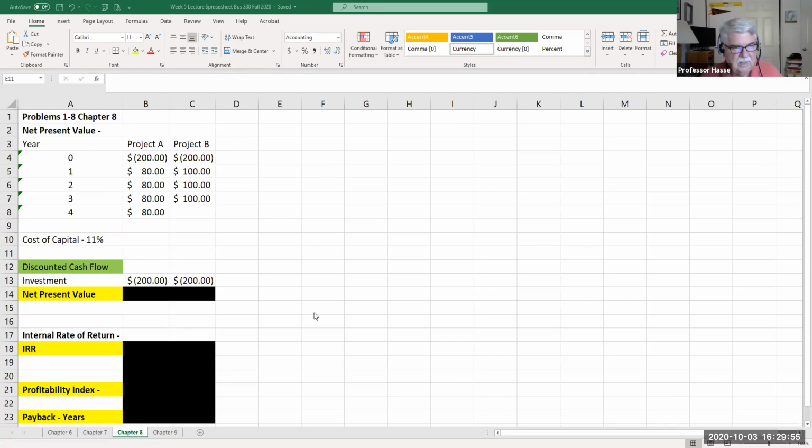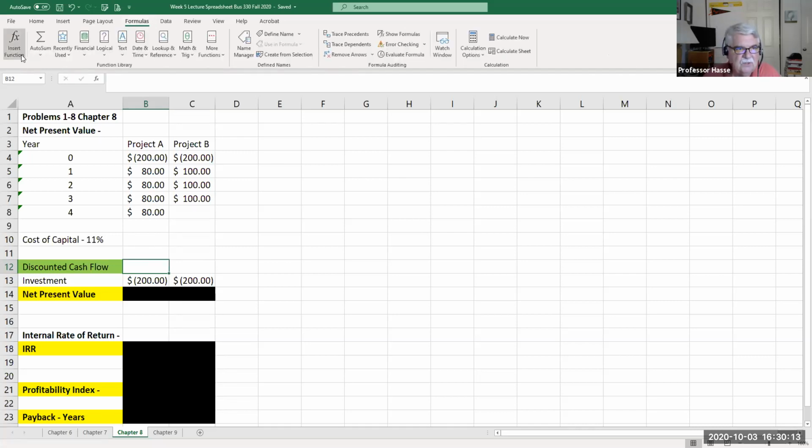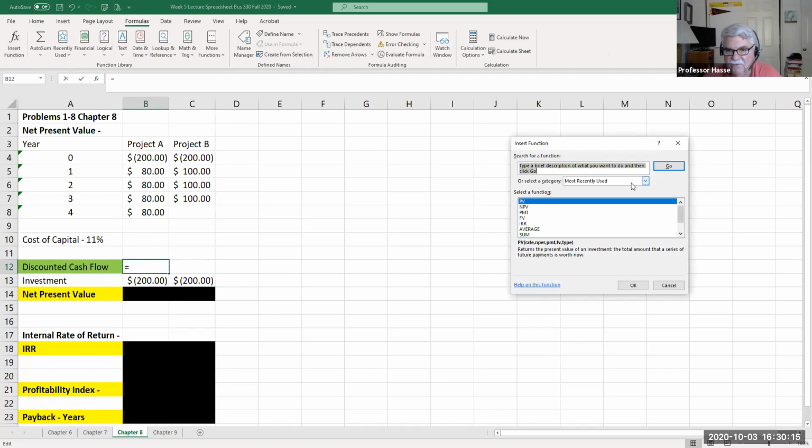Well, first of all, to determine the net present value, you have to determine what is called the discounted cash flow. That's taking the flow of income or cash flow received in the future and discounting it back to today's dollars at 11%. So I'm going to go to my formulas, function, financial, and I'm going to look for the net present value.